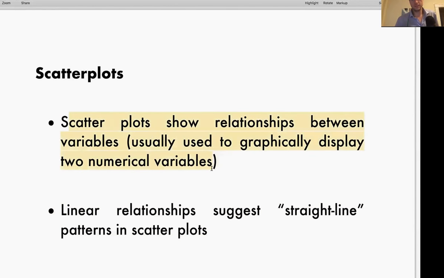This is from the lecture slides. Scatter plots show relationships between variables, typically two variables. And these are typically two numerical variables because otherwise you'll see just a bunch of jumbled points. It won't make any sense, really. You can do side-by-side box plots or side-by-side histograms. And quite often with a scatter plot, you also see superimposed a linear fit line. We'll talk about that later.